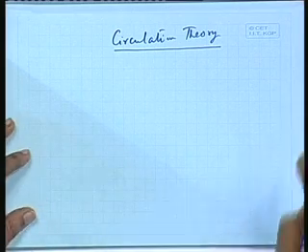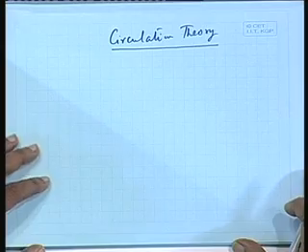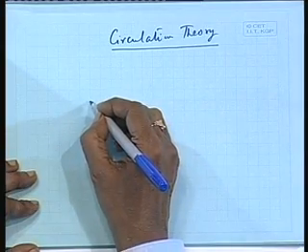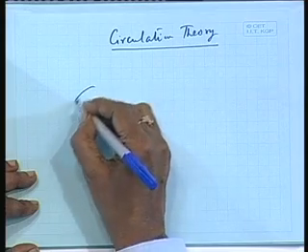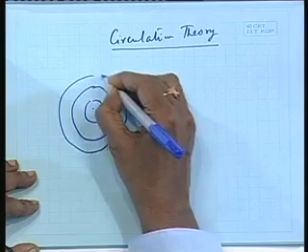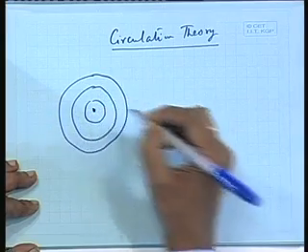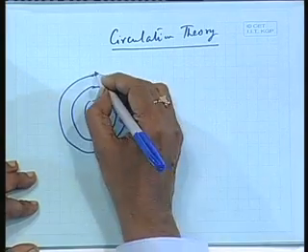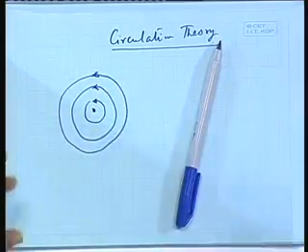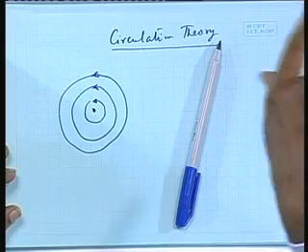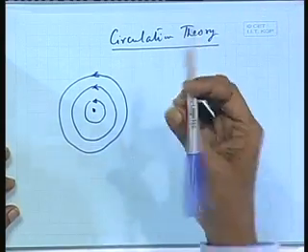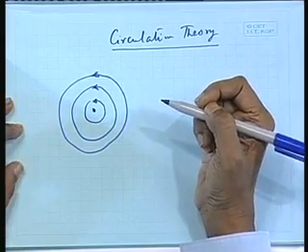Now, let us see how this takes place. A vortex flow is simply represented by a circular flow around a center, that is, flow is circulatory in nature around a center. Now, what is the characteristic of this flow?